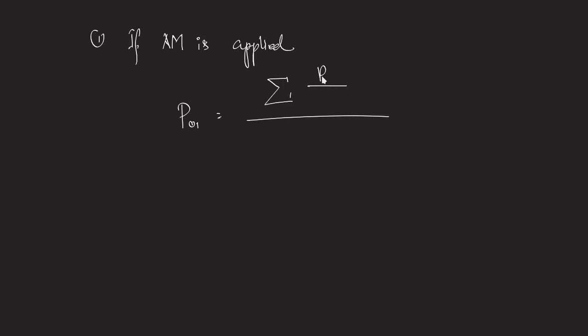So number 1, if arithmetic mean is applied, তেতিয়া কি হ'ব, price index of 01 will be, arithmetic mean কি হয়, sum কৰিব লাগিব, sum কেনেকে, P1 by P0 into 100 divided by n.